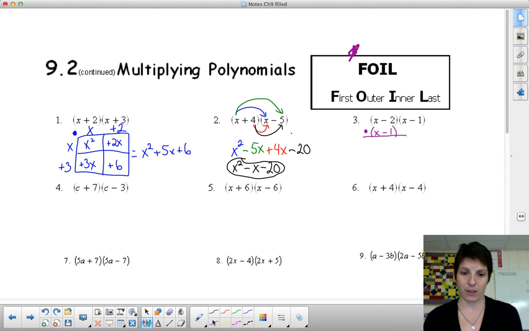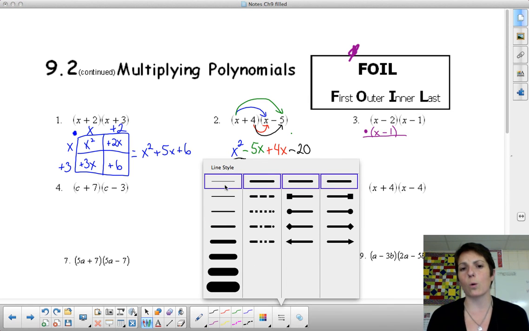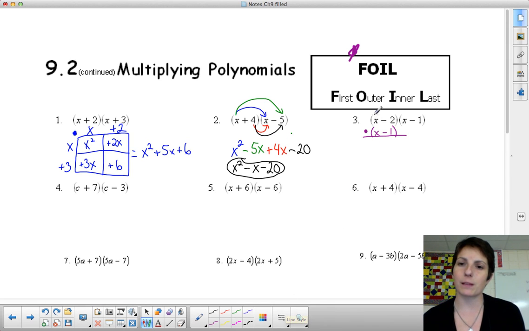The third method we talked about was using an old school multiplication, like when we learned in elementary school. We simply lined up our 2 binomials, and we started multiplying. We still need to do 4 multiplications. So we do negative 2 times negative 1, so that's positive 2.